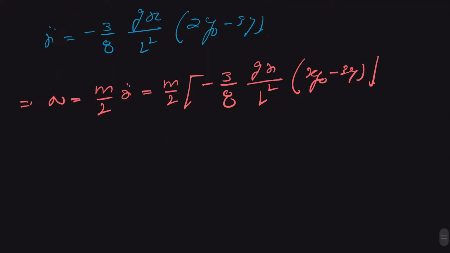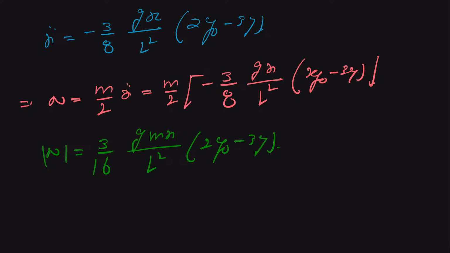Negative we can for the time being ignore because we can find out only the magnitude. So we can say our magnitude will be equal to 3 by 16 g m x upon L square, twice y naught minus thrice y, and this will be positive if our twice y naught is greater than thrice y, and it is going to lose contact with the wall when this value of N is equal to 0.